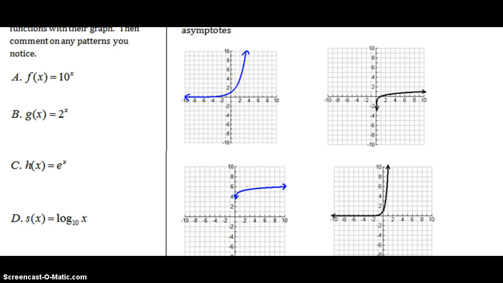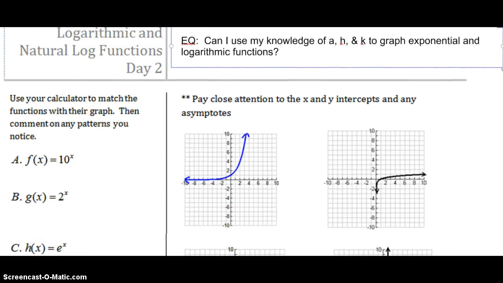We'll be graphing these shortly, and remember with inverses, we switch the x and the y. We can find the equation algebraically, or we can use the table, switching the x and y values.